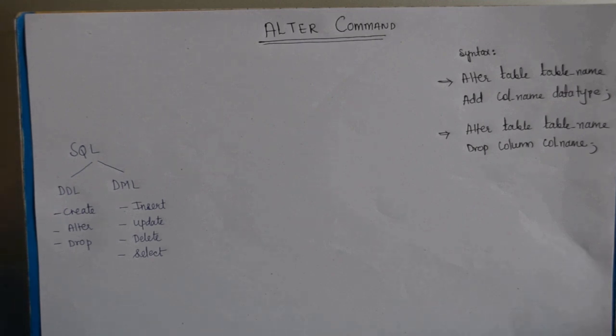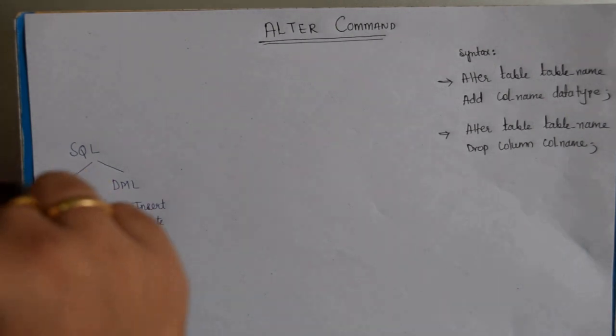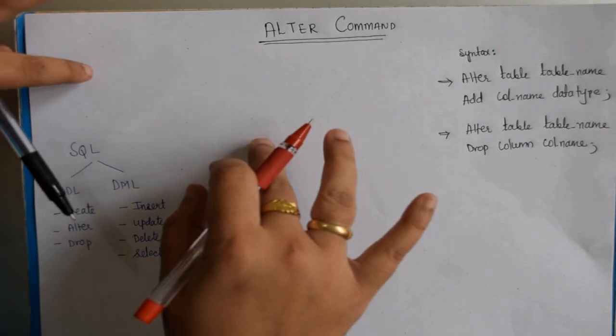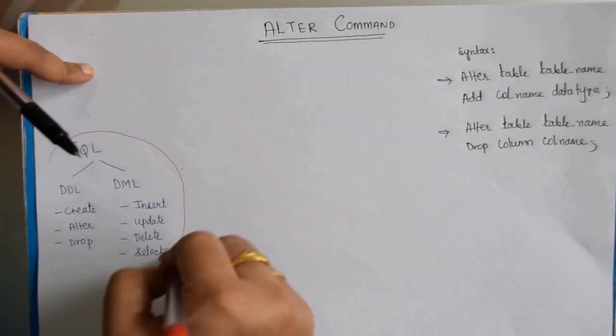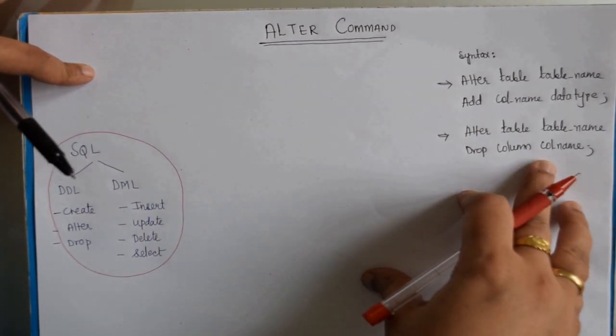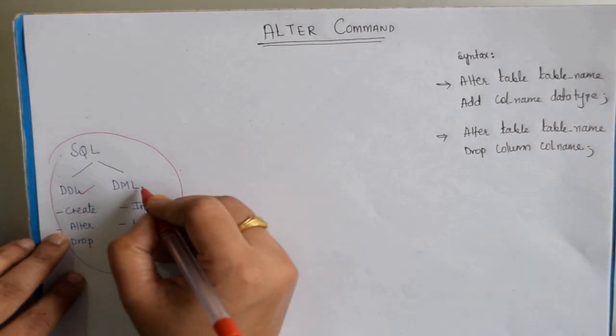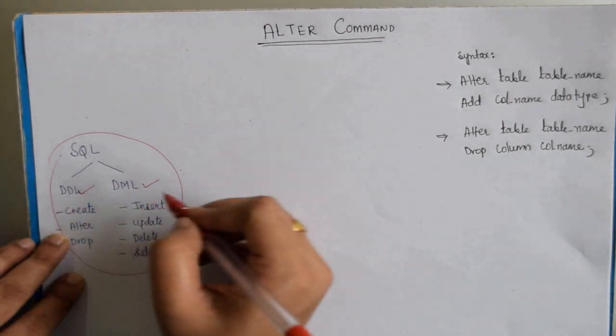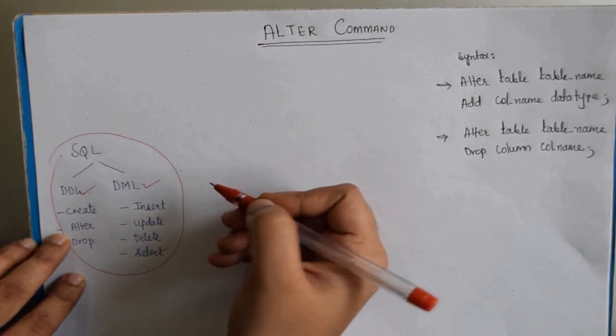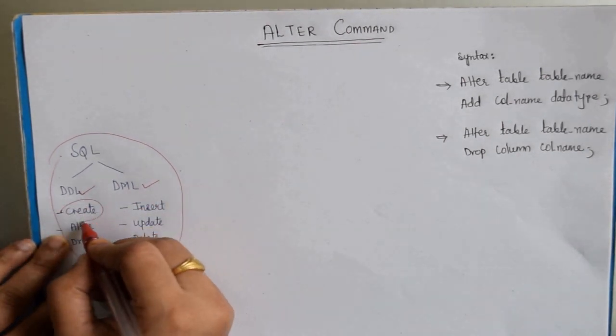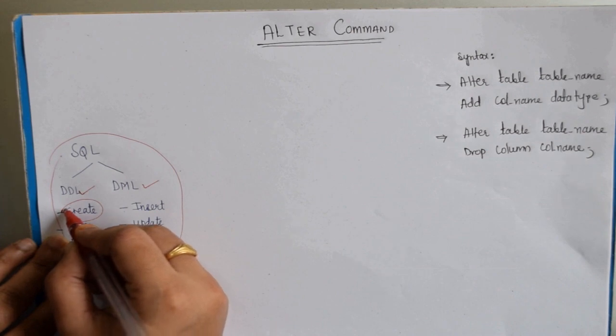So in the series of database videos we have seen the basic introduction part of DBMS, then we have seen the basic introduction part of SQL, that is structured query language. In this we have seen the DDL and DML commands, data definition language and data manipulation language. Then we have seen how to create tables with the help of create command.